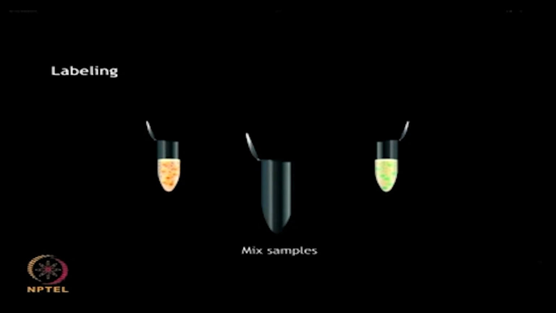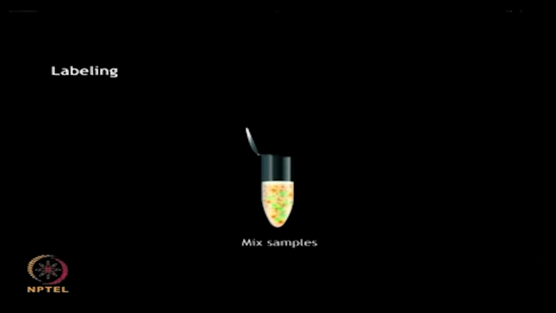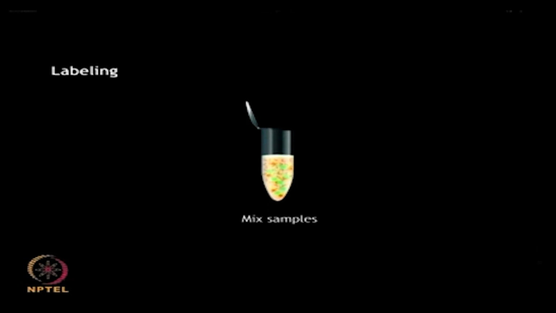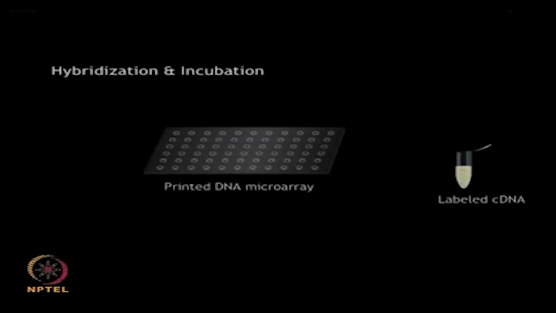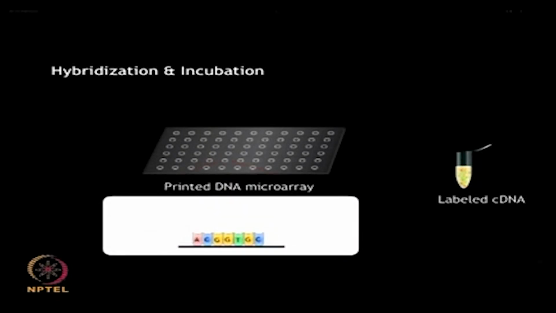Since the two dyes can be excited at different wavelengths, the differentially labeled samples are then mixed together for further analysis. The mixed cDNA sample that is differentially labeled by means of two cyanine dyes is then incubated with the printed DNA microarray slide.